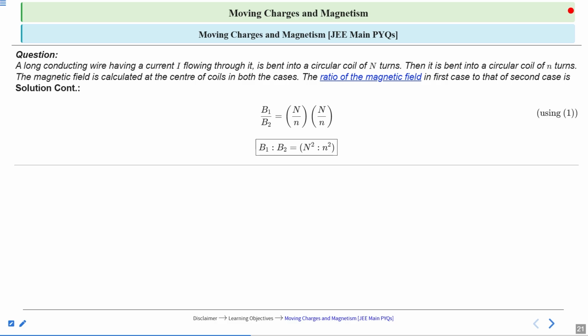Got it? This is the required answer. If we take the same length of wire and wind it in the form of circular coils with different numbers of turns, their radii will also be different. That is why it is capital N square to small n square.